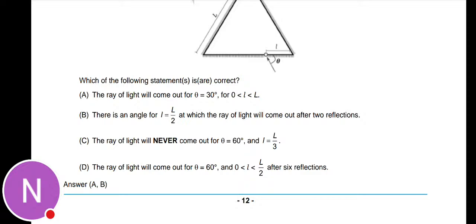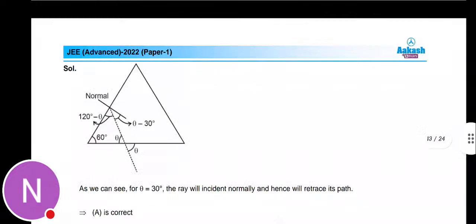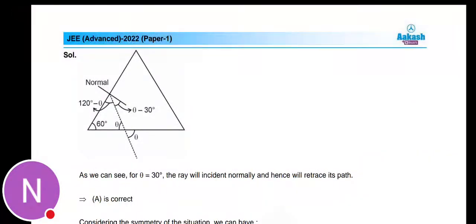The ray of light will never come out for theta equal to 60 degree and l equal to L by 3. Or the ray of light will come out for theta equal to 60 degree, and l smaller than L by 2, after 6 reflections. So this is the diagram we'll get.